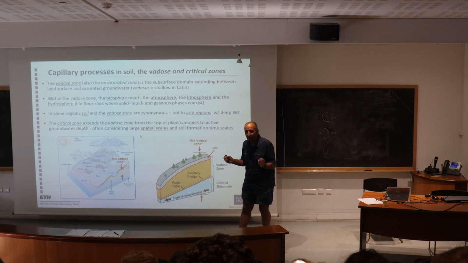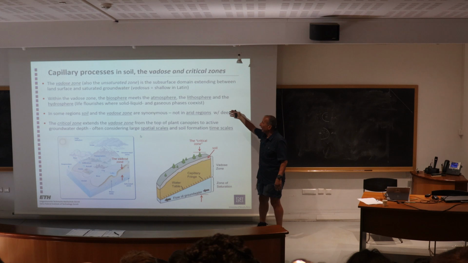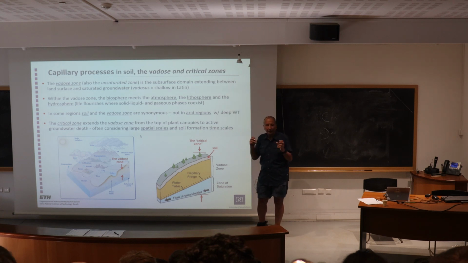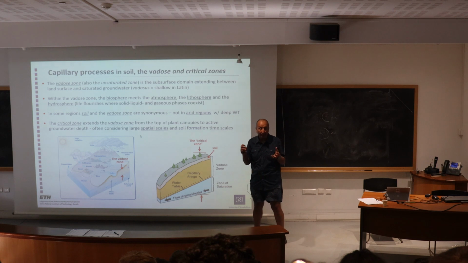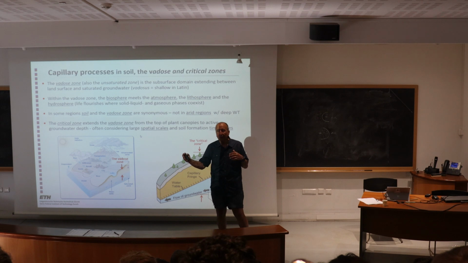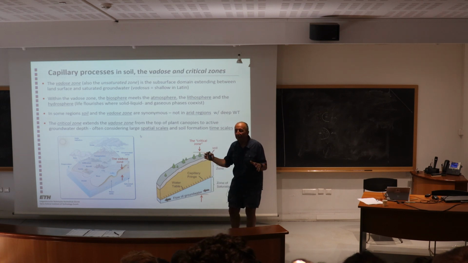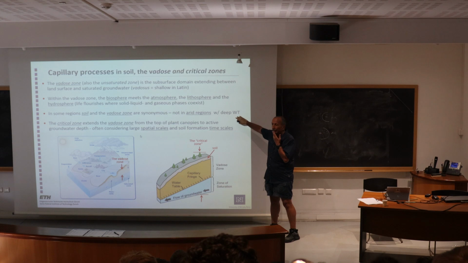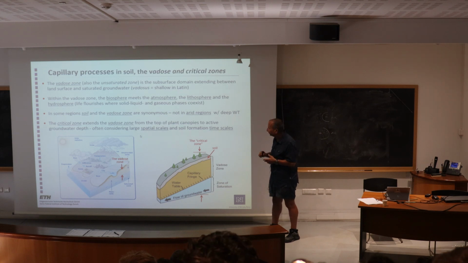All of them imply a meeting of the atmosphere, lithosphere, hydrosphere, and the biosphere, meaning this is a meeting place where life is interacting with the solids, with the water, and basically they are critical or important because of this life supporting function, which is one of the themes of this summer school.